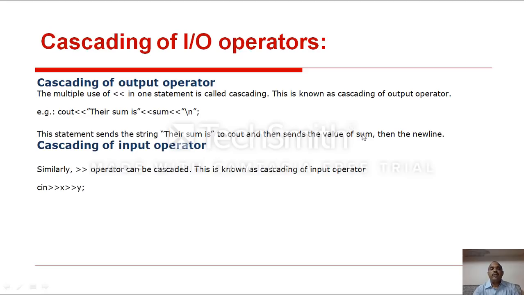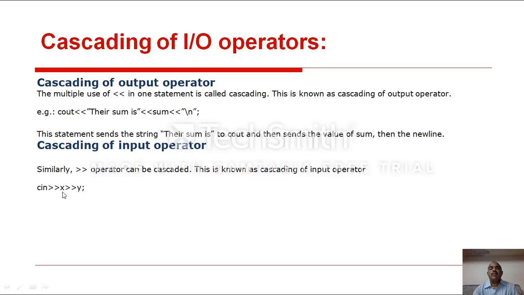So input and output streams. Next, cascading of input output streams. We want to read more than one value with the help of one single cin statement. We should use this type of expression. Simply cin, greater than greater than, this is called the extraction operator, again the extraction operator, y.